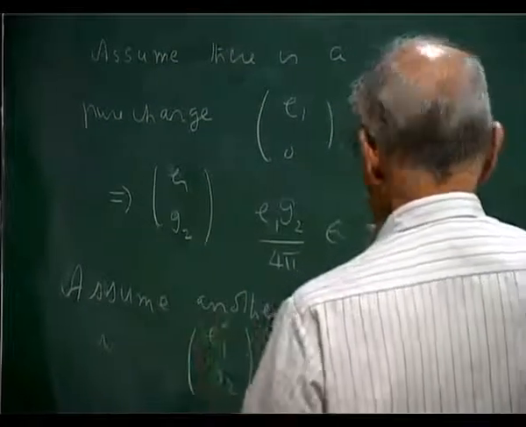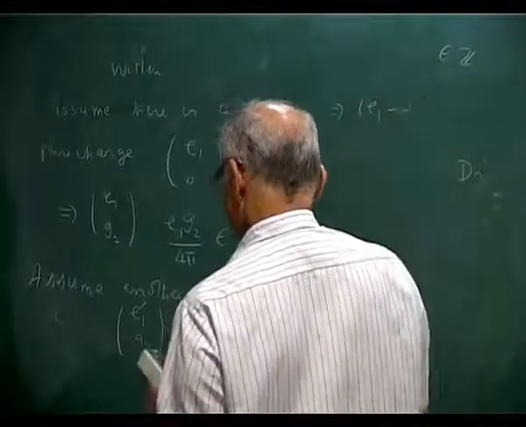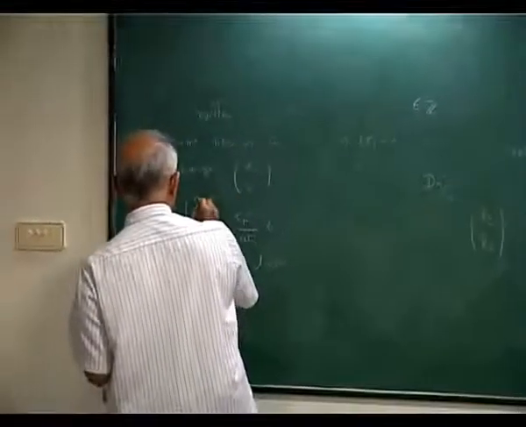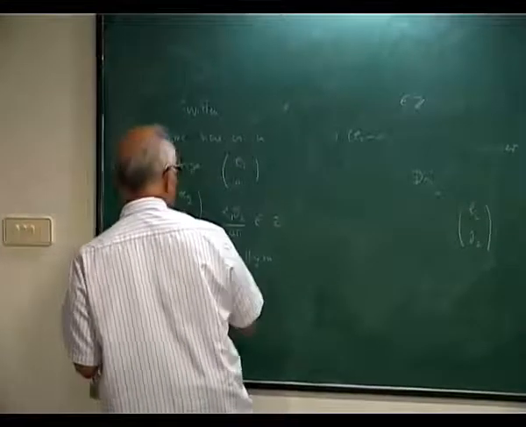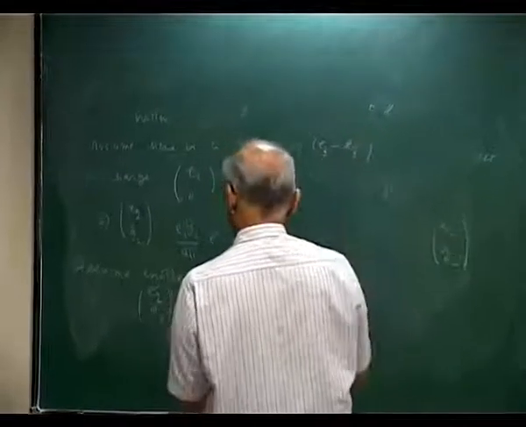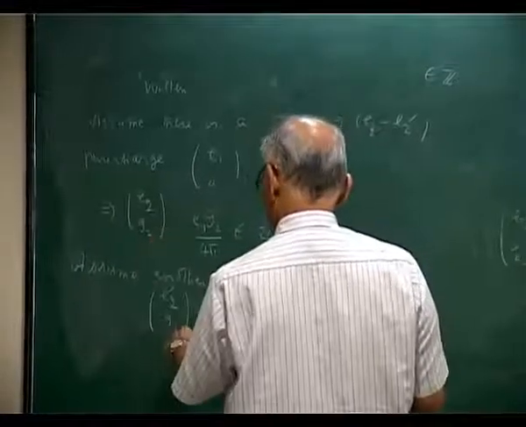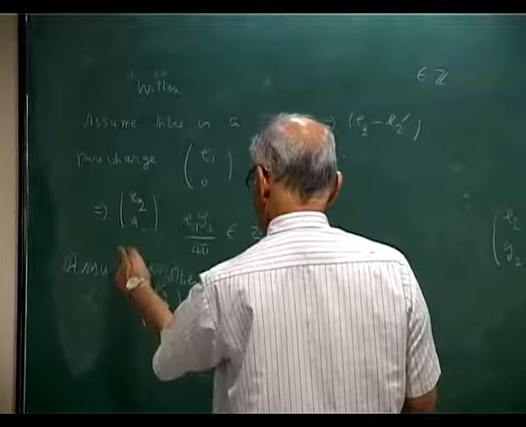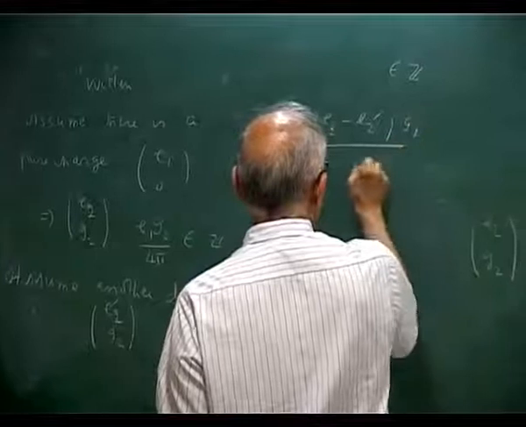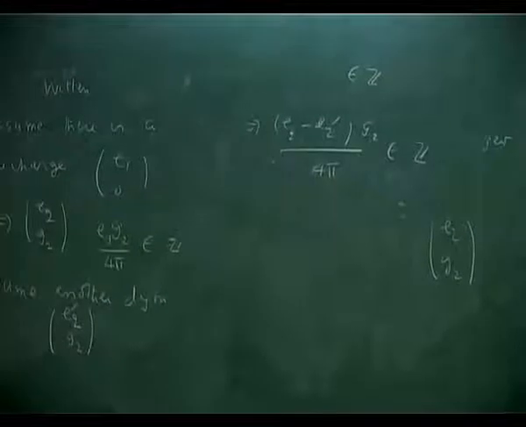So between these you will find that E1 minus E2, E1 prime, what am I saying? This should be E2, sorry, I am writing too fast. This should be E2, this is E2 prime. So you get E2 minus E2 prime between these two. E2 G2 minus G2 E2 prime. So it is G2 over 4 pi is quantized, right.